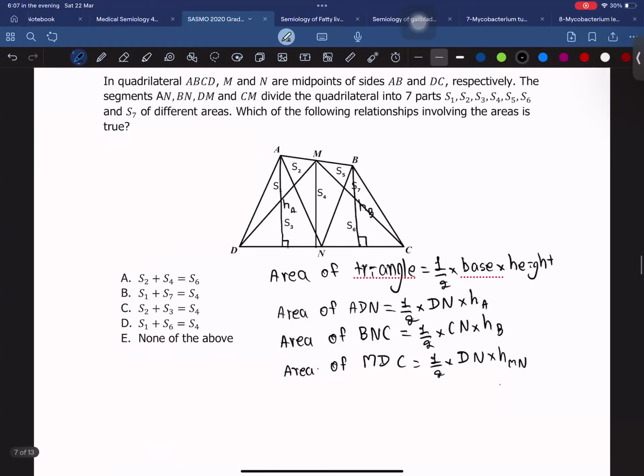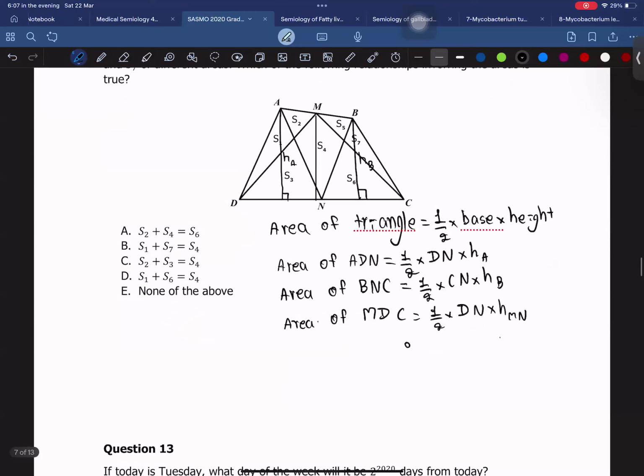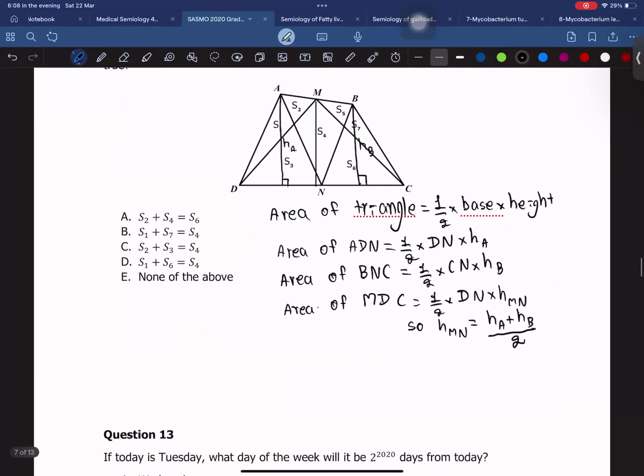The height of MN, as we can see here, goes through the same line, which means the height of MN is equal to height A plus height B divided by 2. Do you guys understand this? If you don't, you can ask me any question. Don't feel shy in this training class because I'm not going to eat you.